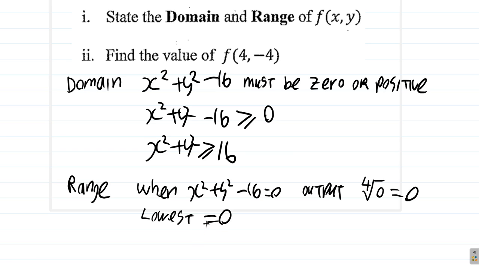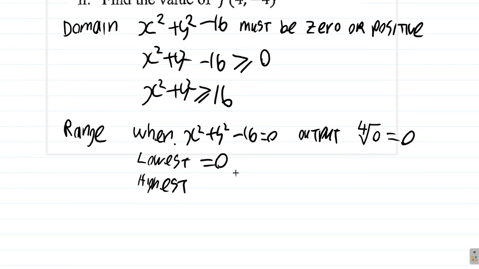It can't be less than 0. What is the highest value? We want to determine what the highest value is. If you make x squared plus y squared minus 16 equal 1 instead of 0, then you have the fourth root of 1, which is 1.